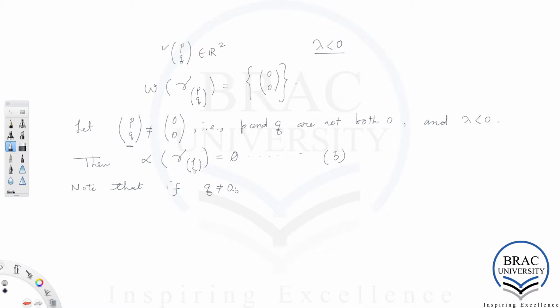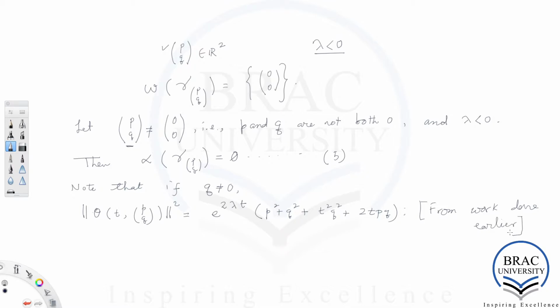So if this is the case, then the square of the norm of the flow vector theta t PQ is going to be equal to e to the 2 lambda t times p square plus q square plus t square q square plus 2tpq that we have shown earlier. In the first segment, we have shown this.